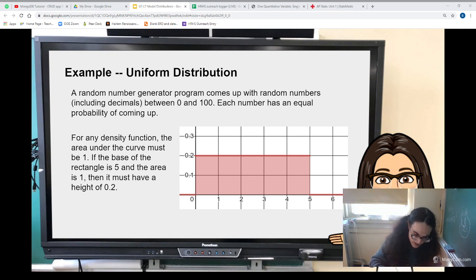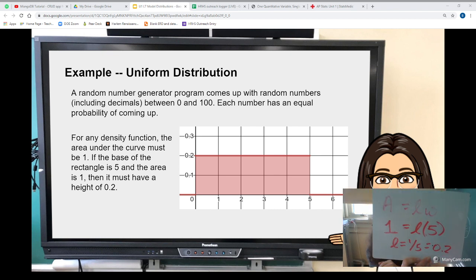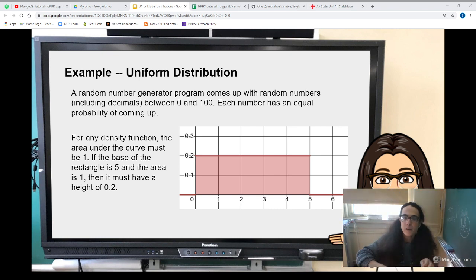So we know the area is 1 and the width is 5. Then 1 is the length times 5, so the length must be 1/5 or 0.2. So now we figured out where the top of this density function needs to be so that the total area underneath is 1. The density there is 0.2.